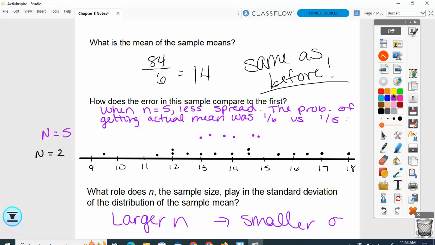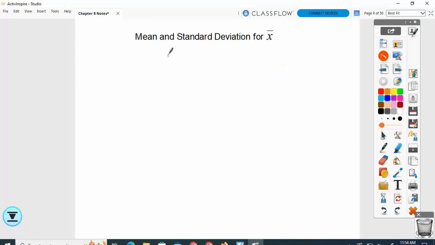So all of this was just our background so we can understand what a sampling distribution of the sample means is, because that just sounds confusing to say. But the big things that we need to know: the mean for the sample means is the same as the population mean.